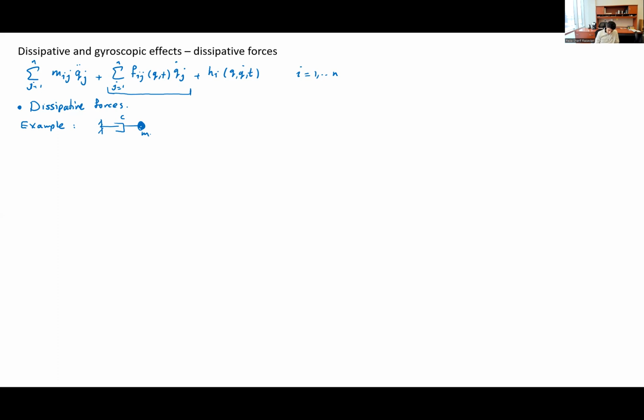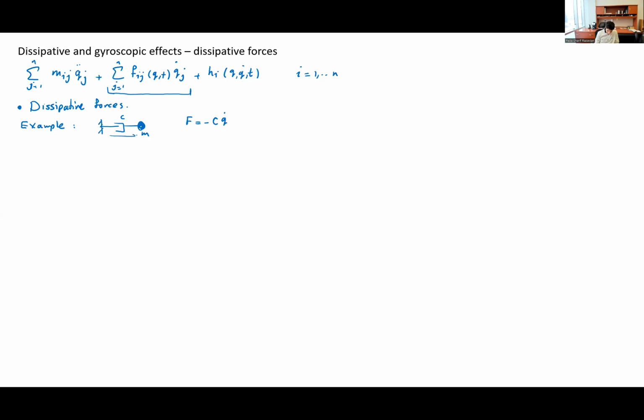If you remember, the damper's force F is always in the opposite direction of velocity. And if it's a linear damper, we have a constant factor multiplied by the velocity that gives us the force.